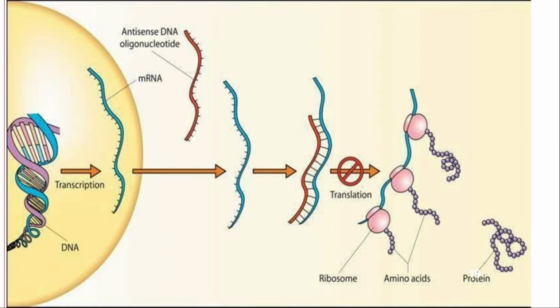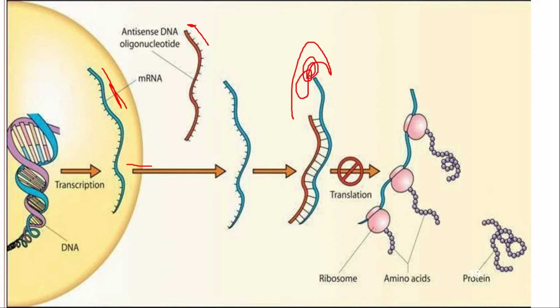Here when we incorporate an antisense oligonucleotide with messenger RNA, this is the messenger RNA when it comes out from the nucleus through the nucleopore, and this is the incorporation of these two, antisense oligonucleotide and messenger RNA.